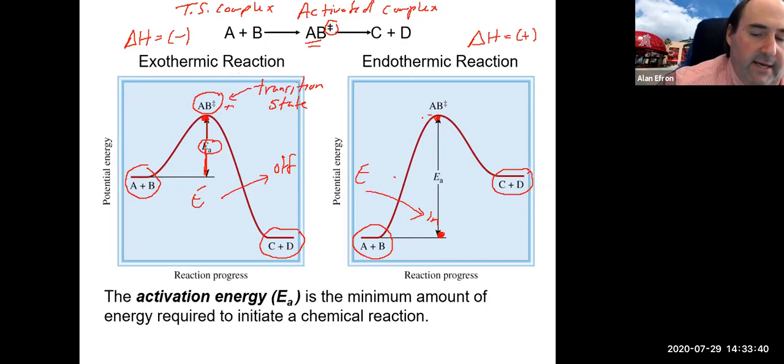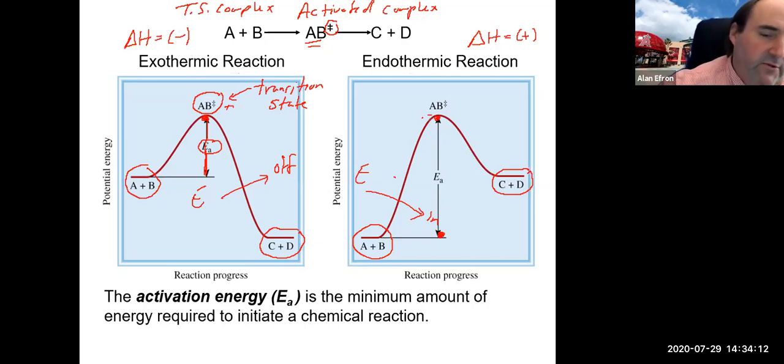Comparing these two graphs, the one with the larger activation energy is the endothermic reaction, which makes sense. It's endothermic, so heat energy needs to be put in to help everybody up and over the hill. While on the left, there's some excess energy, so everybody has a good amount of energy to get to the other side.